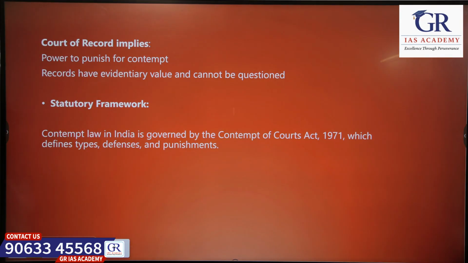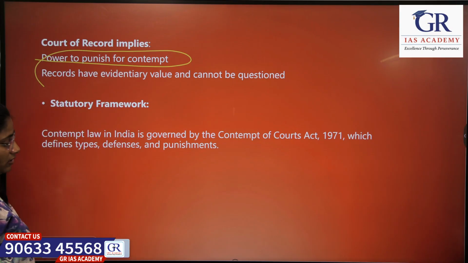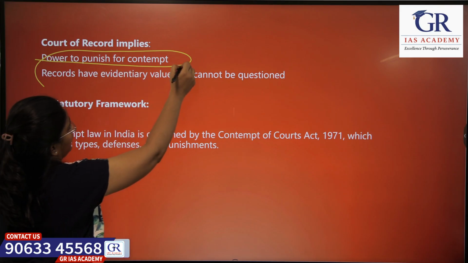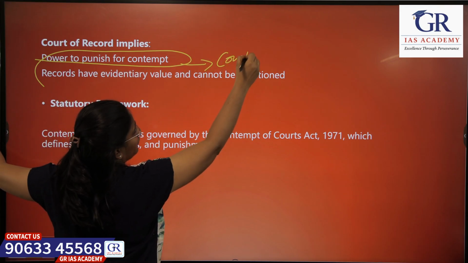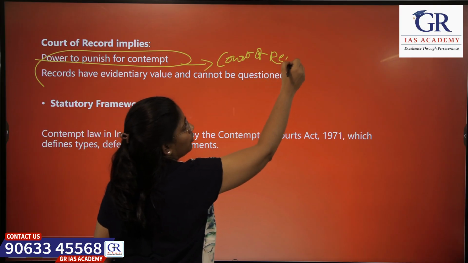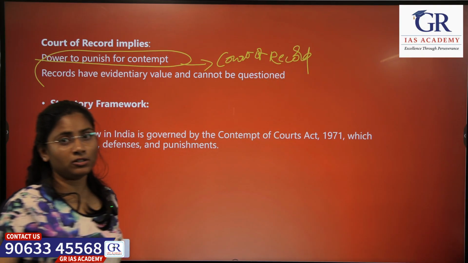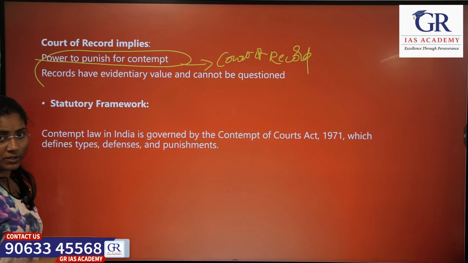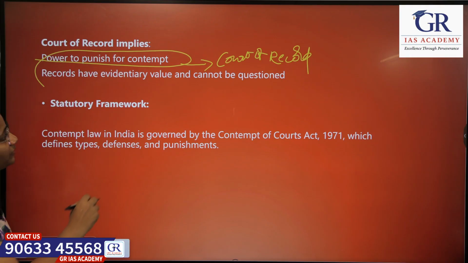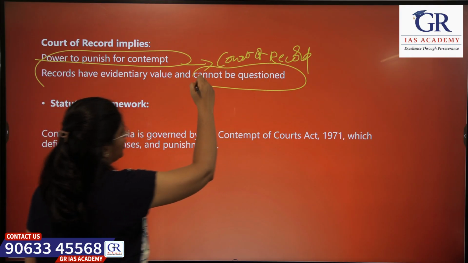So what is meant by court of record? It is the power to punish for contempt. High Court and Supreme Court are both called courts of record. That means both can punish people who willfully disobey the courts, and they cannot be questioned.